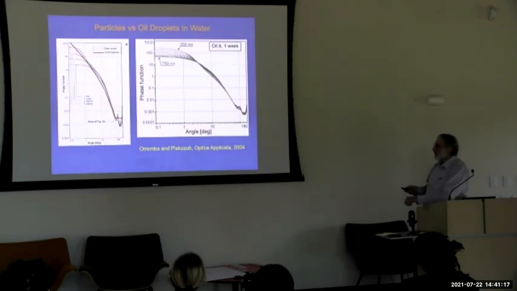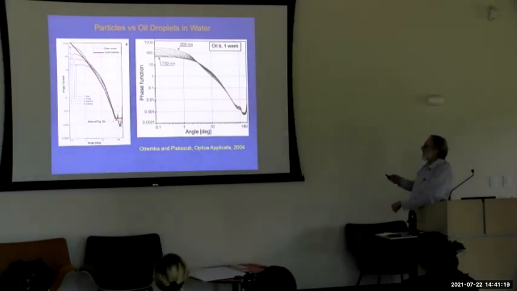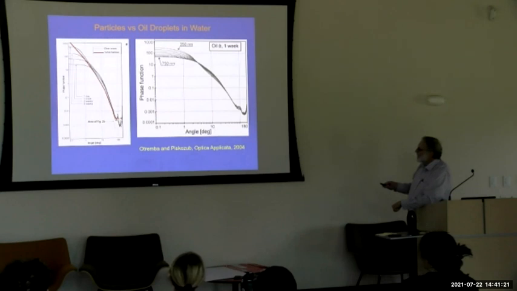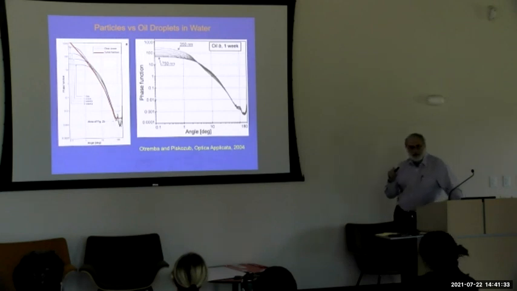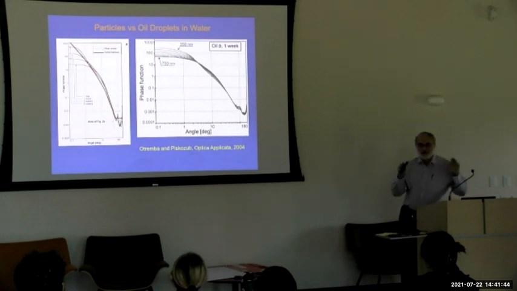Here's some phase functions for oil droplets. The red is the average Petzold. These are oil droplets where they've been in the water for a day, a week, 2 weeks, or 5 weeks. And so what's going on here? It's the same oil or what? Well, of course, at 1 day after the oil spill, the little oil droplet has a lot of volatile, gasoline kind of molecules in it. They tend to evaporate out or leave.